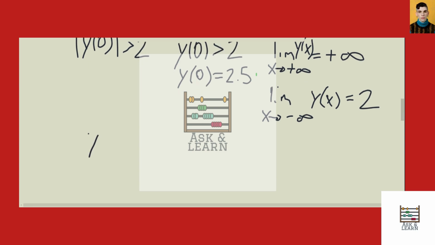Now likewise, if we have y of 0 less than -2, so take for example y of 0 equals -2.5, which again I'll graph in green.